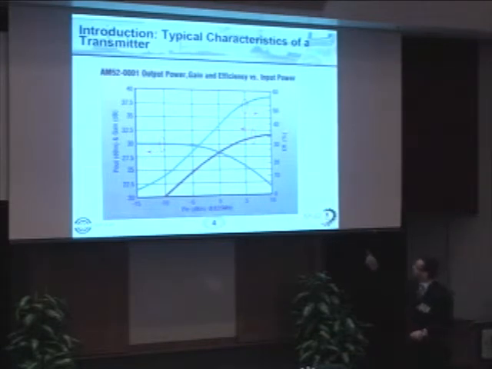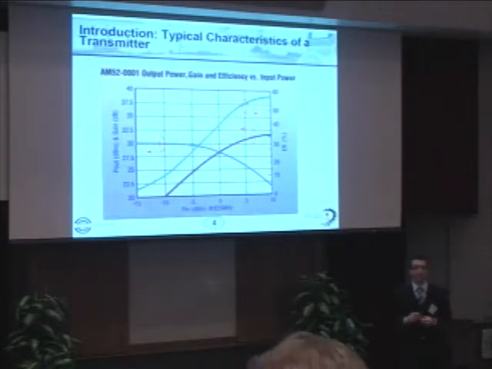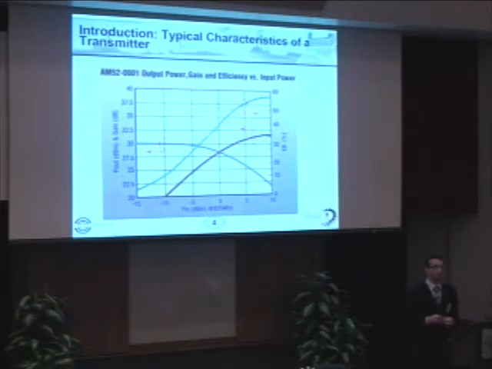For the high input power region, the green curve is the efficiency curve, and at this region the efficiency is higher. But the problem is, if we look at the blue curve, which is the gain versus input power, at this region we have a nonlinear type of response which generates distortions that degrade the signal quality.